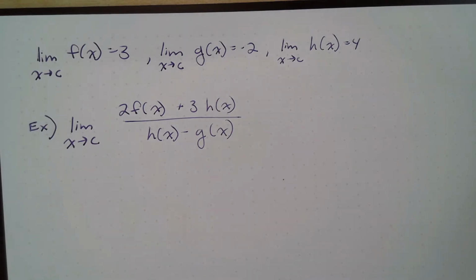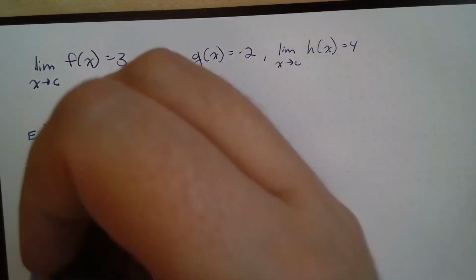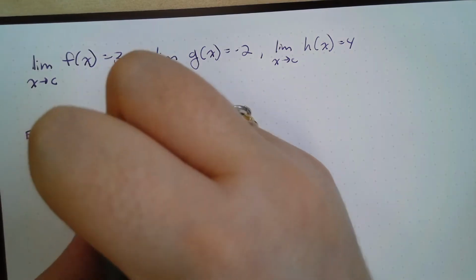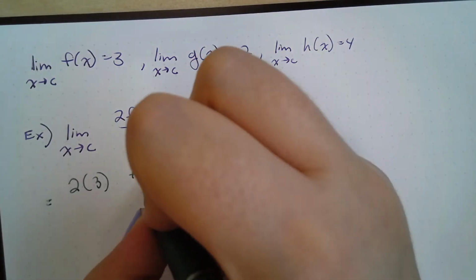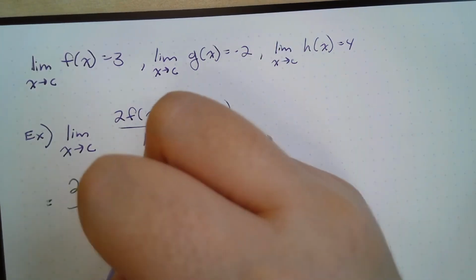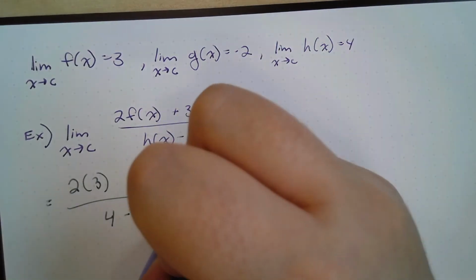So we're asked to find the limit as x approaches c of 2 times f of x plus 3 times h of x over h of x minus g of x. Well, we're basically going to do quite a bit of substitution here. So this is going to be equal to 2 times 3 plus 3 times 4 over 4 minus a negative 2.